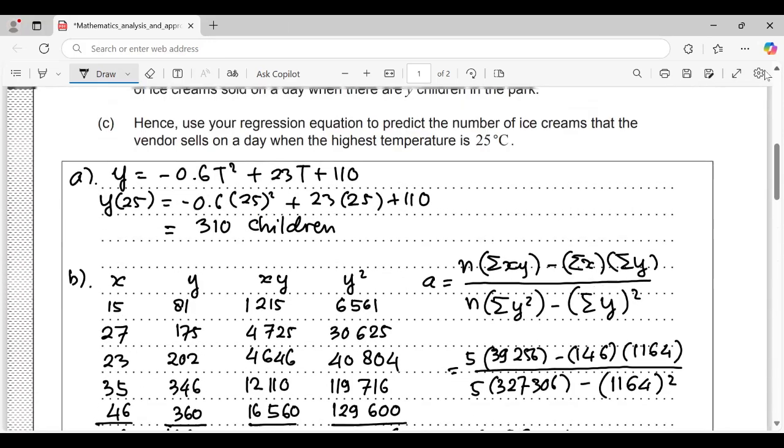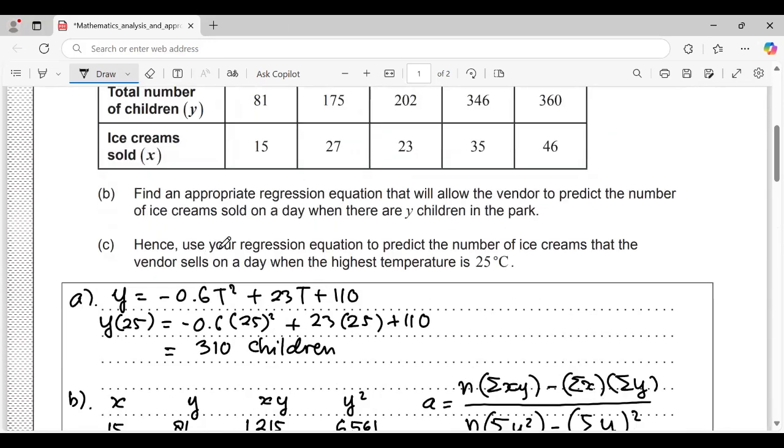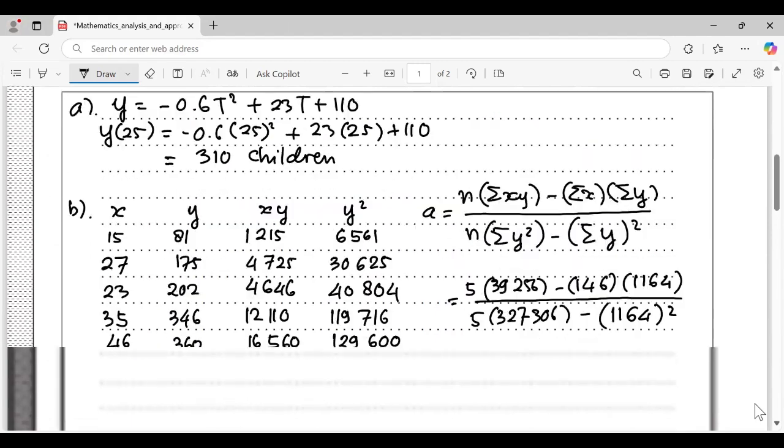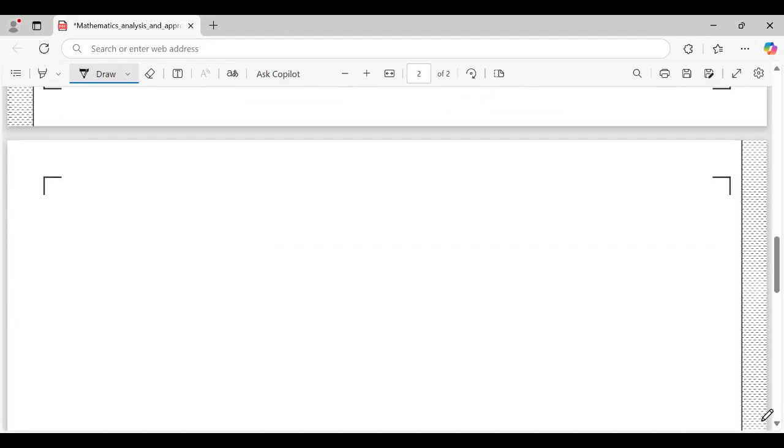Question C. Hence, use your regression equation to predict the number of ice creams that the vendor sells on a day when the highest temperature is 25 degrees Celsius. See, substitute, just now I told you that y equals 310. Substitute y equals 310, this number of children, into the regression equation.